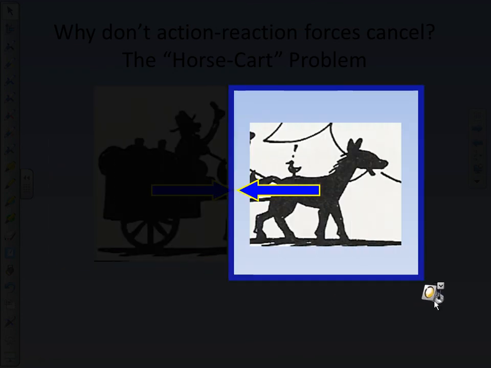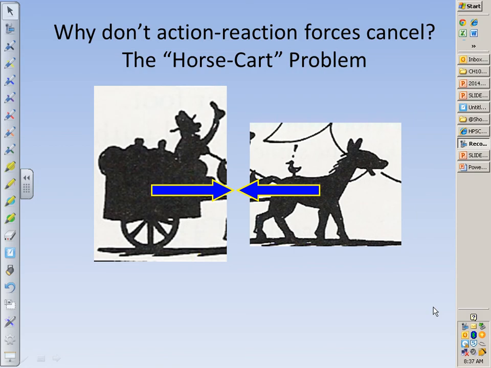There's the horse. How many forces does the horse have on it? One. What will start happening to the horse? Start moving towards the cart. If this was the only thing in this situation, what would happen here? They'd collide. Where? In the middle.